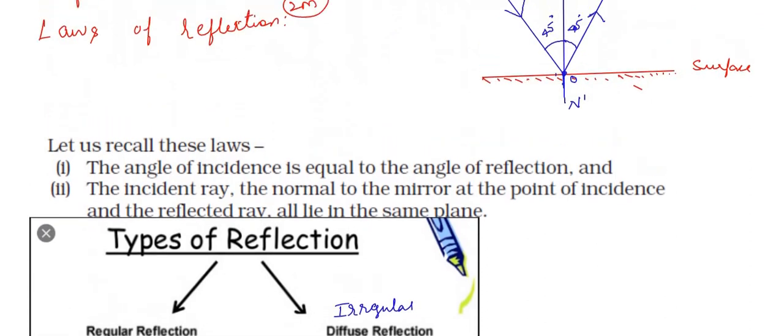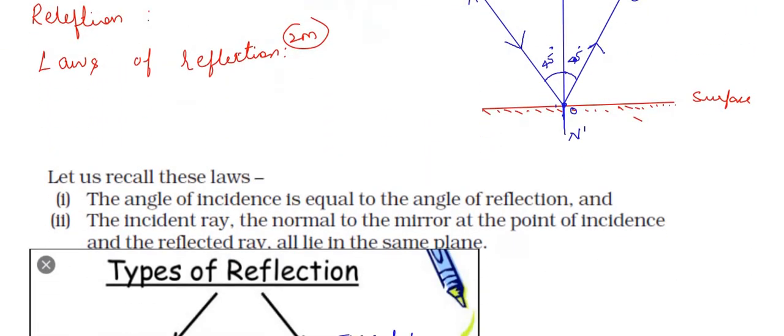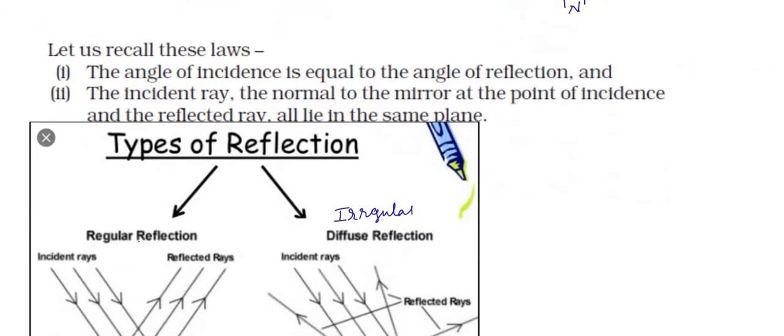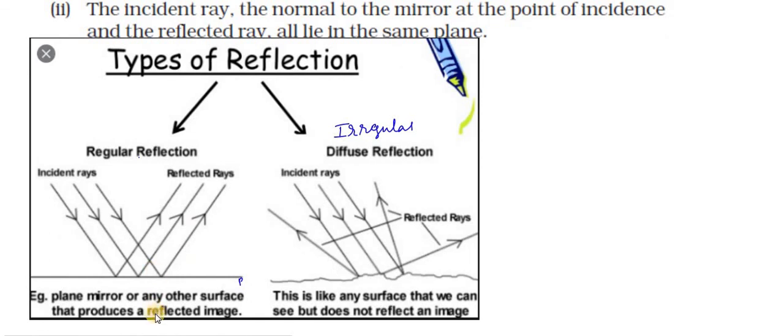Okay, in the points book, write laws of reflection. There are two laws, write these two, and also write the types of reflection and give an example.